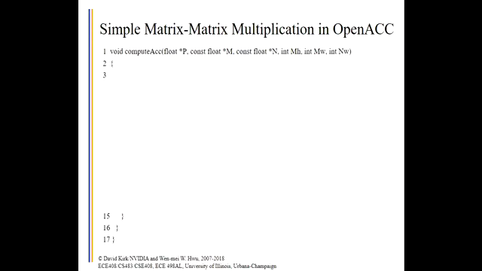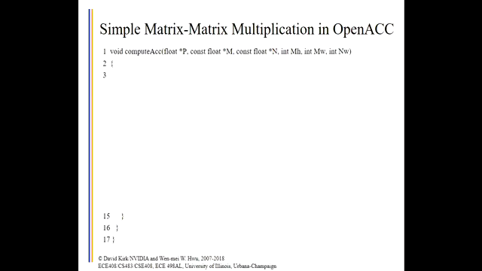So let's start with a very simple piece of code for OpenACC. This is the beginning, and you can actually write this piece of code and get matrix multiplication to work, okay? And here is just matrix multiplication. M and N are the input matrices, and P will be the output matrix, right?